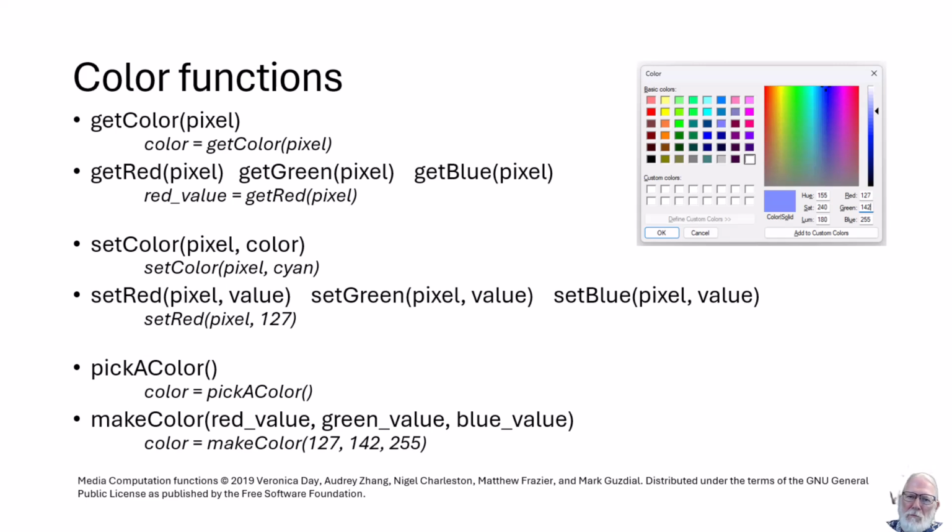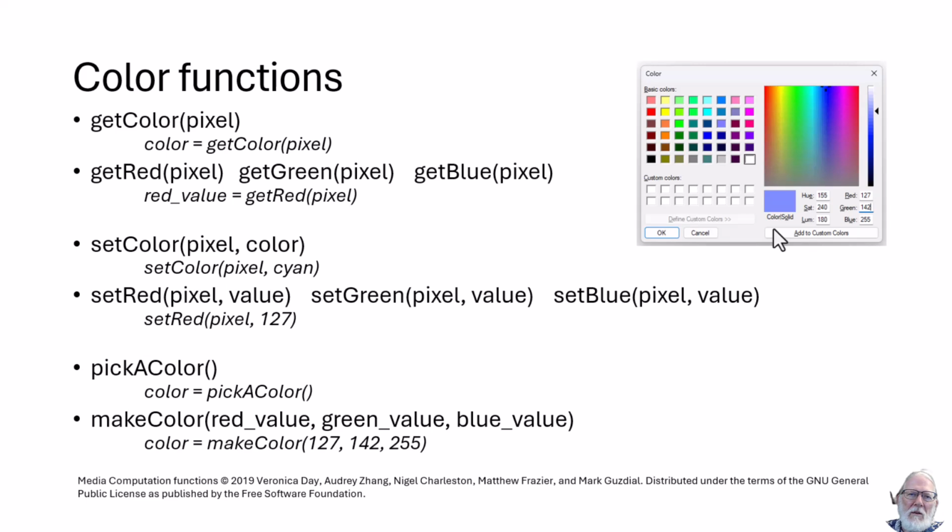So I'm saying I want middle red, I want a little bit more green than middle, and I want full blue. And if you look in the numbers up here in the example of the pickAColor box, those are actually the numbers I've typed in. So what I would get back is the color that represents this, sort of a light purplish blue shade. And that would be stored as digital data in the color variable, and then I could use that to set something else to that color.